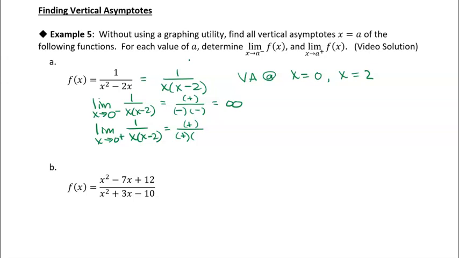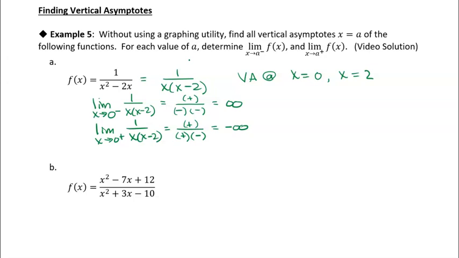So we're something less than 2. We're looking at getting closer and closer to 0. It's positive, but when I subtract 2 from it, it's going to be negative. Okay, so I'm just again putting the signs in there and evaluating the sign of the whole function near 0 to the right of 0, right? And so I have a positive over a negative, so this is going to go to negative infinity.